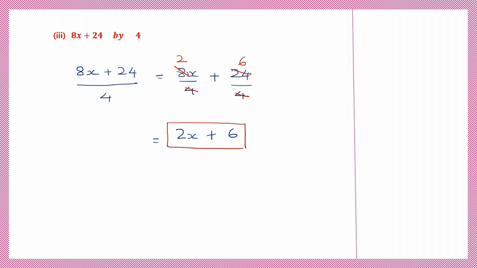So if you have a binomial or a polynomial with many terms, take each term separately and do the division. Question 4. Now here also we have a binomial by a monomial. So let's do that. First write it as a fraction, 4a square minus a divided by minus a.